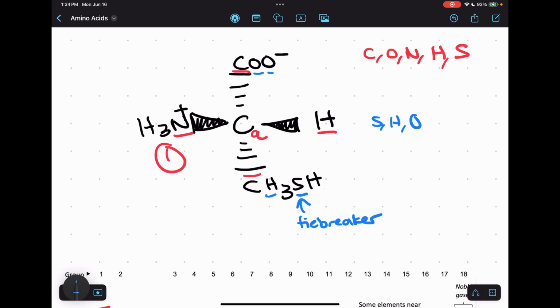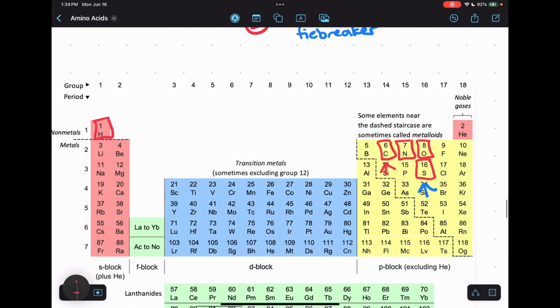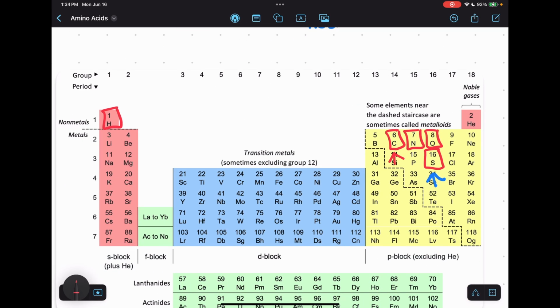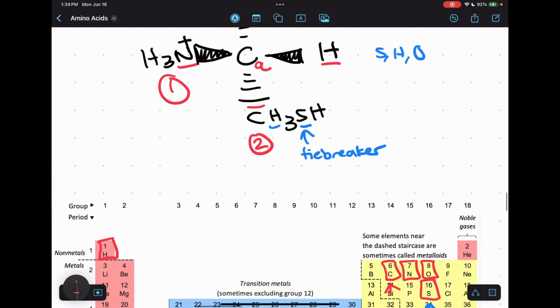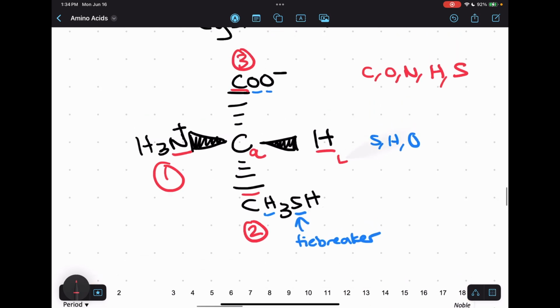And we're going to overall assign the cysteine R group priority 2. Carbon beats hydrogen. So again, looking at the periodic table, carbon has atomic number 6, hydrogen has atomic number 1. So the carboxylic acid is going to beat hydrogen. So that's going to give us the 4th priority.